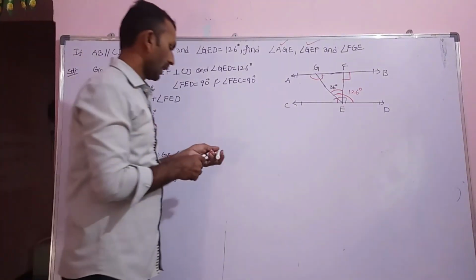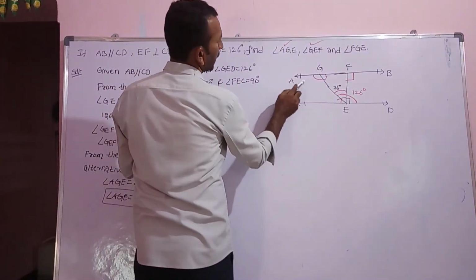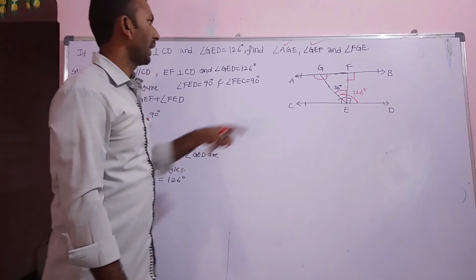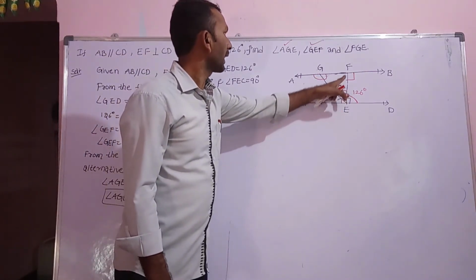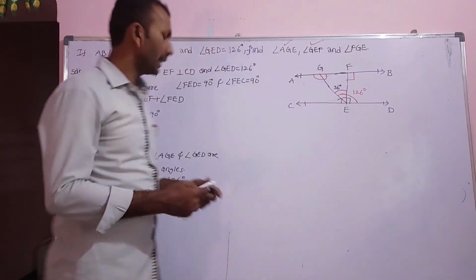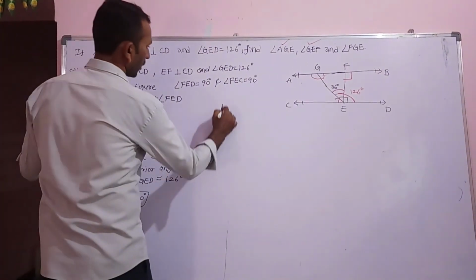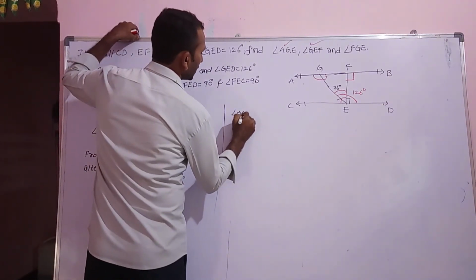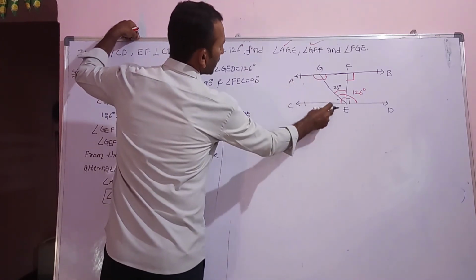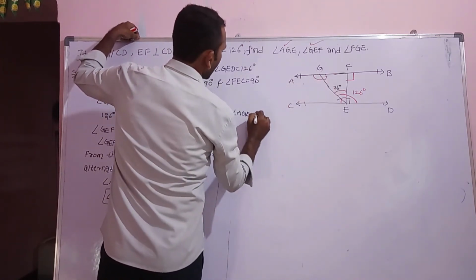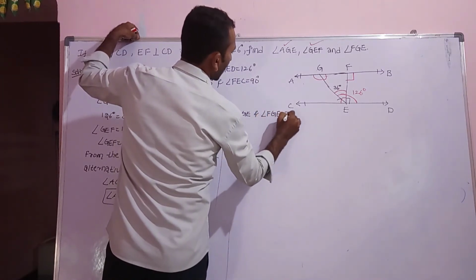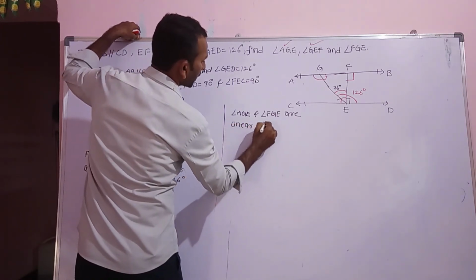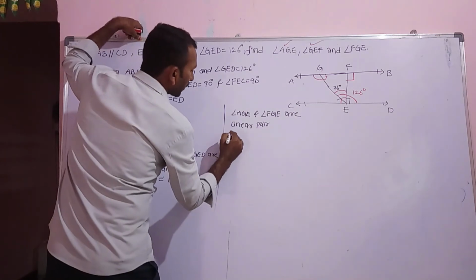Once again from the figure, AB is a line, and now angle AGE and angle FGE are both a linear pair. The sum of a linear pair is 180 degrees.